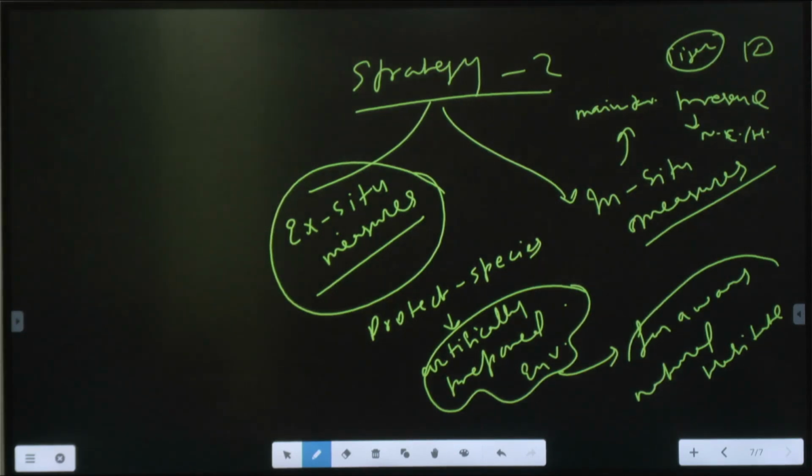And write down, all conservation related efforts are divided into two different categories.